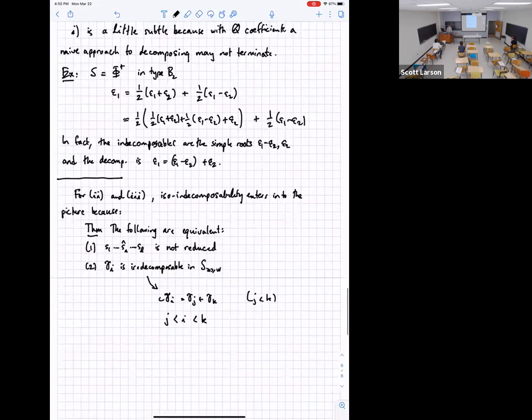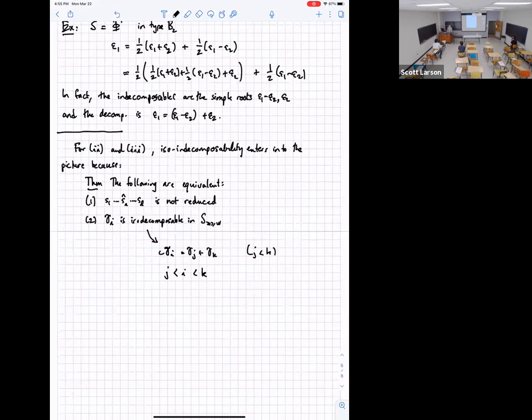So these arguments can be obtained by carefully reading the proofs of how you get the length function and reduced expressions in Humphreys' Coxeter group.